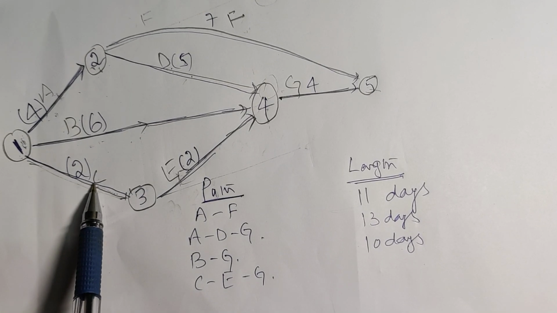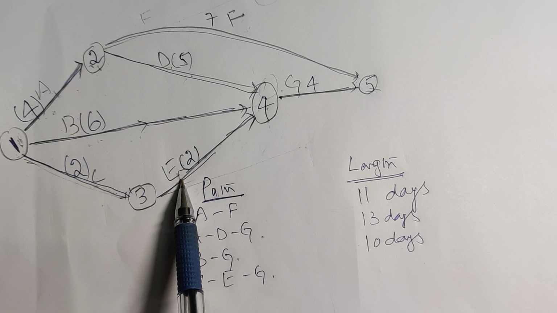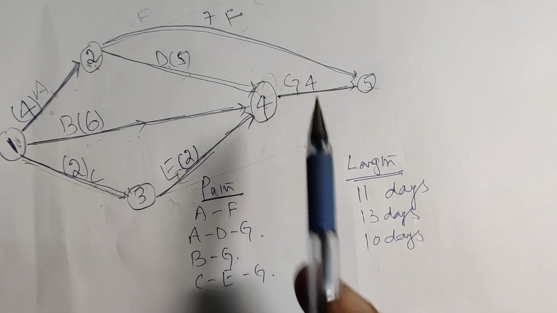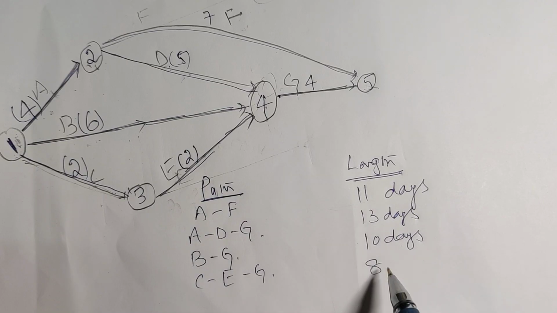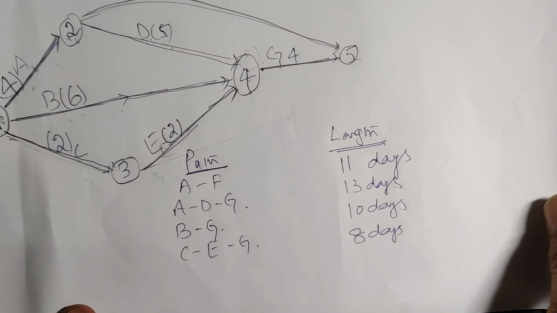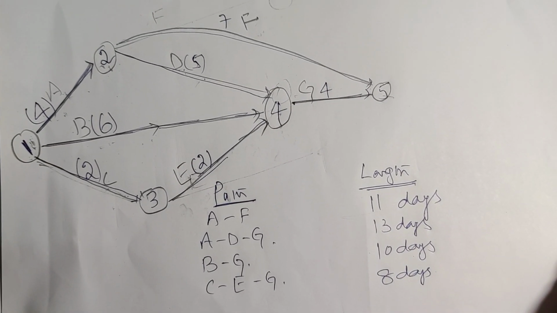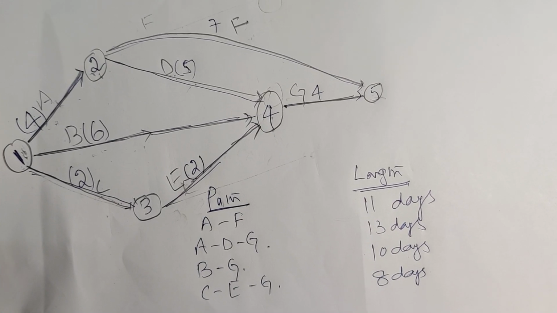Activity C will take 2 days, activity E will take 2 days, activity G will take 4 days. 2 plus 2, 4. 4 plus 4, 8. 8 days. This way, for each path, length is calculated.